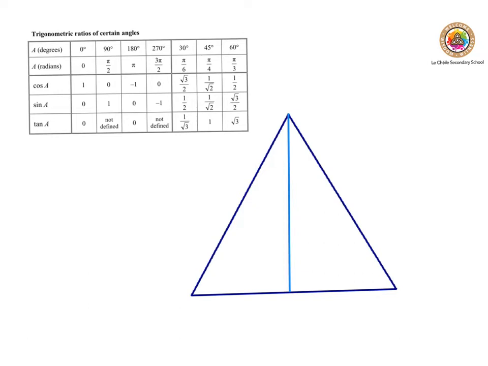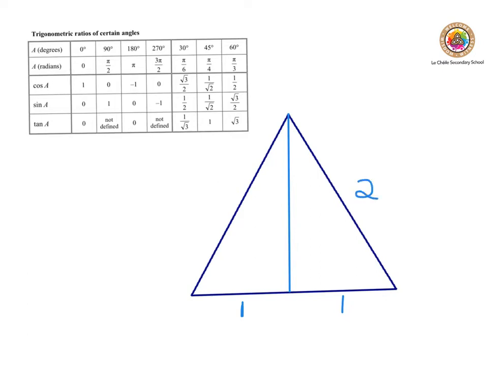If I decide that this side here is one unit in distance, then this side here also has to be 1 unit. So if it's an equilateral triangle and these sides are 1 unit each, that gives a total of 2 units, then that also means that this side here is 2 units.